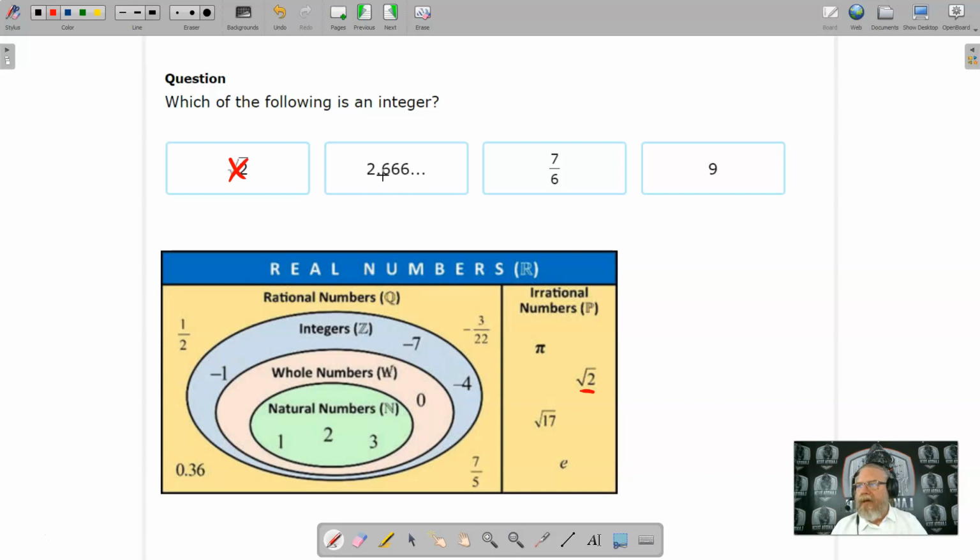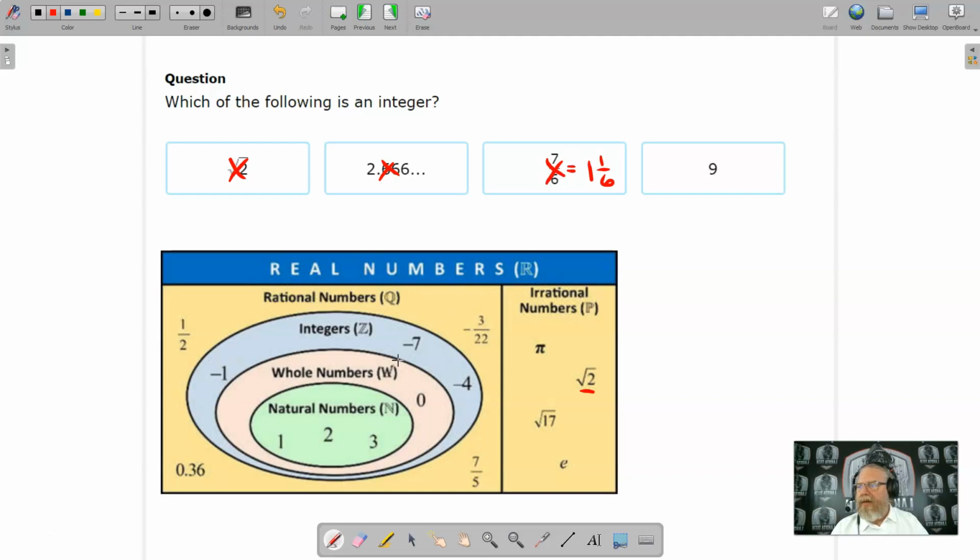All right, so that would be a decimal number. And notice that decimals are not inside of the integer group here because they're outside of the integer circle, so we'd rule this out. 7/6, well, this is going to equal what, 1 1/6? So if we were to simplify this, it would result in a decimal number. Decimal numbers can't be an integer, so we would rule this one out.